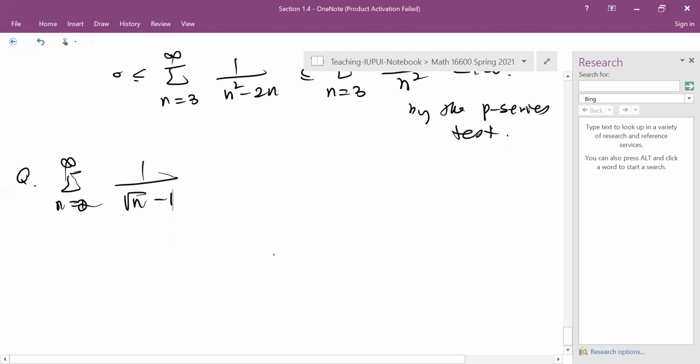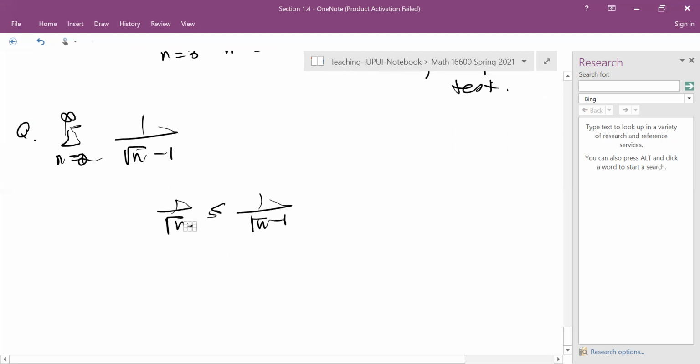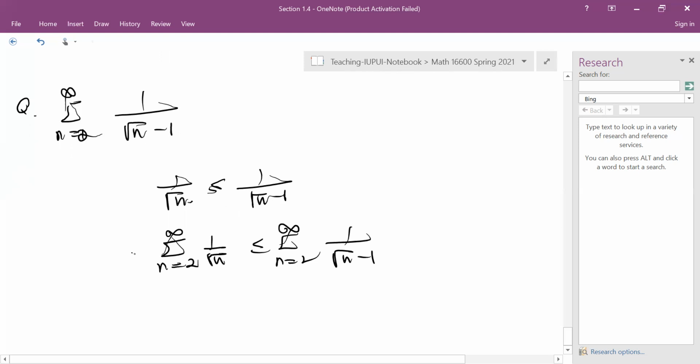This is my series, so I have to put it on this side. Then you integrate, add them together. I know this side is going to be infinity.